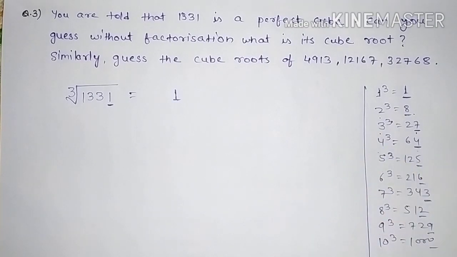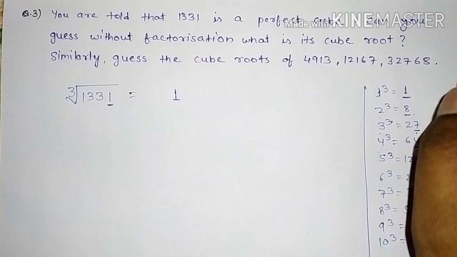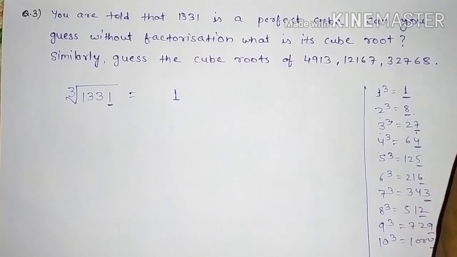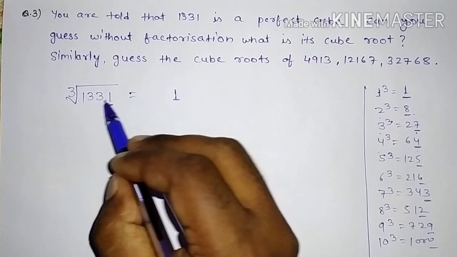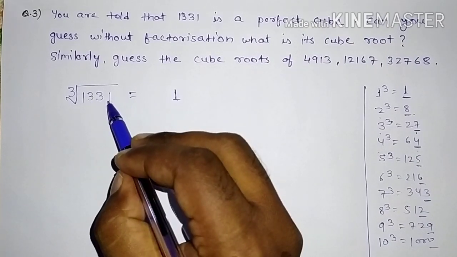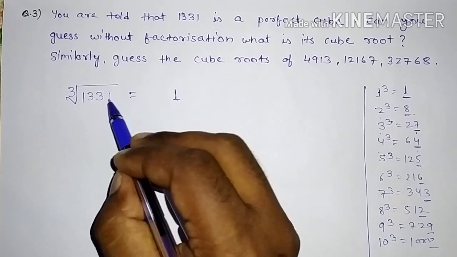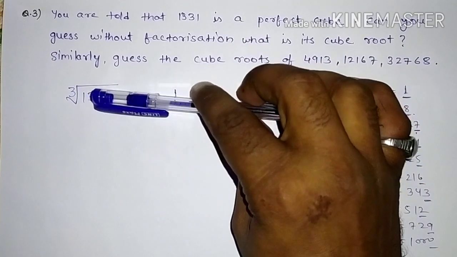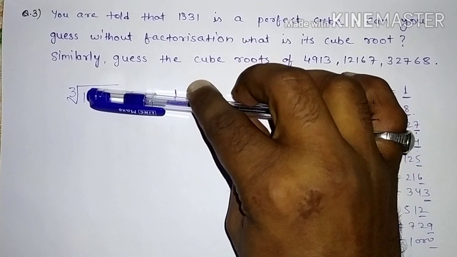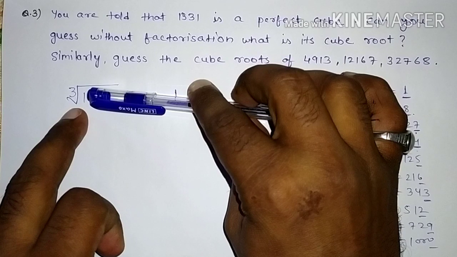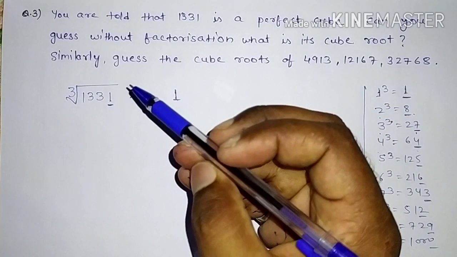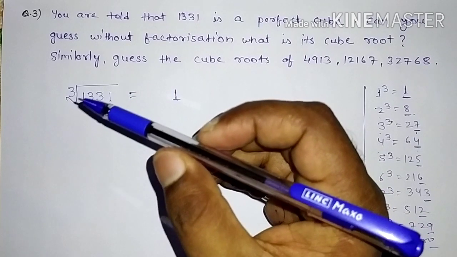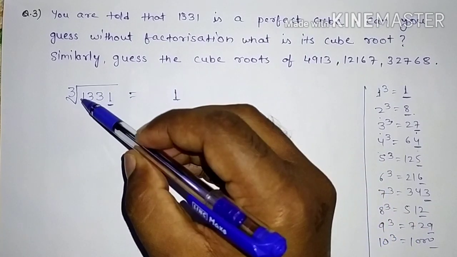The next step is to cover 3 digits from the right side. So from the right side we can see 1, 2, 3. These 3 digits we can cover. So what number is left here? 1 is left. So we have to find the number whose cube is nearer to 1.